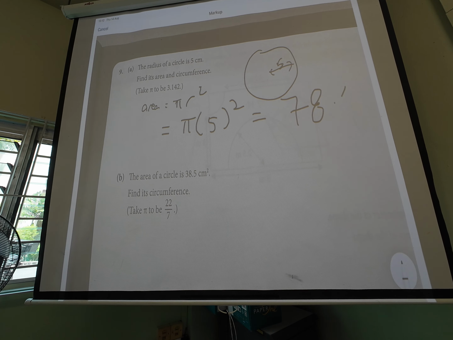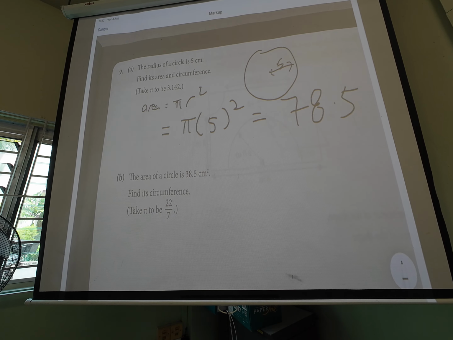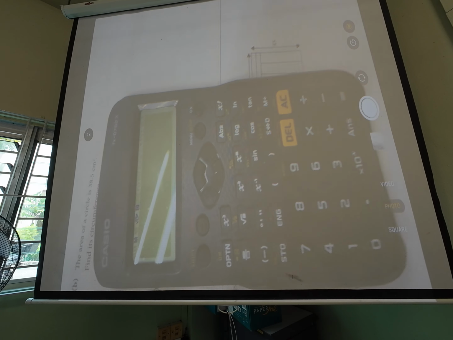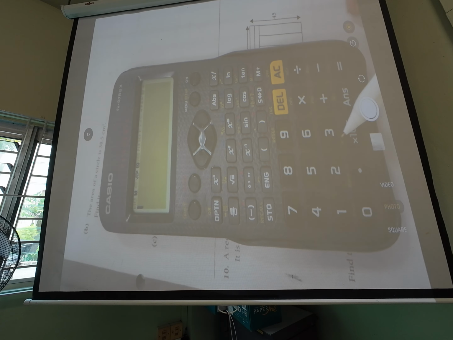I told you all where the pi is, right? Do you all still remember? The pi is yellow color. Okay? So the pi is the yellow color button here. Like that.